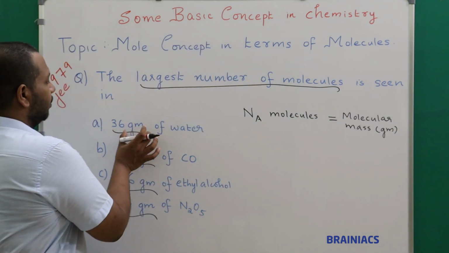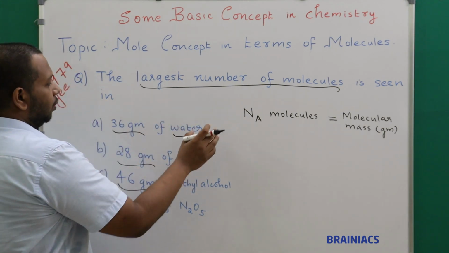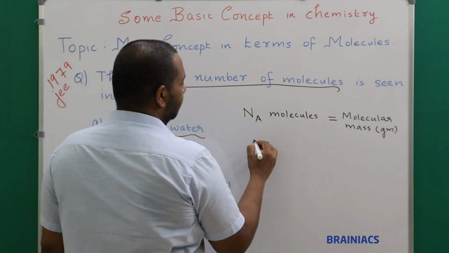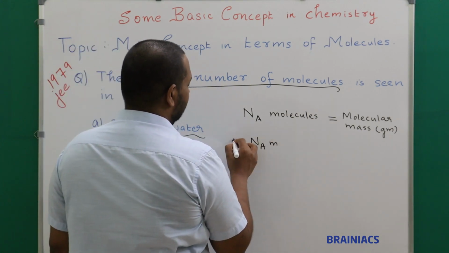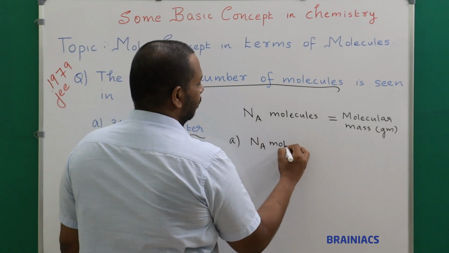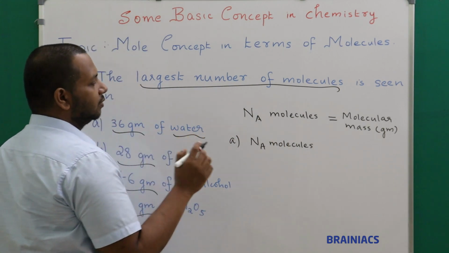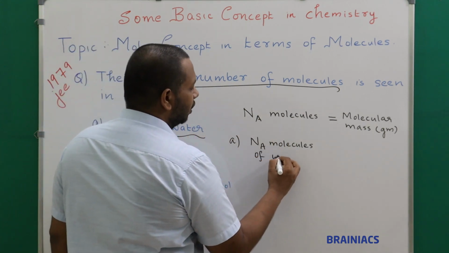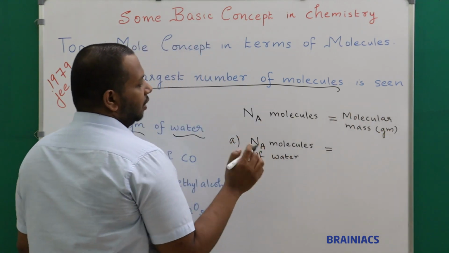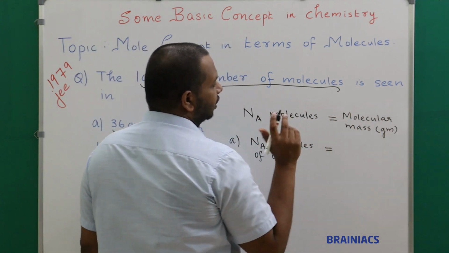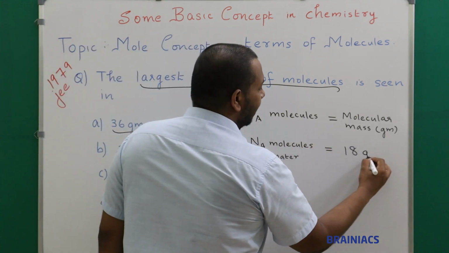The first option they have taken is water. So again, it will become Na molecules. I am taking option A. Na molecules, because anything means it will be Na molecules only. So Na molecules of water. And what is the molecular mass of water? You know that H2O: 2 hydrogen, 2 with 16, 18. So I can say 18 gram.